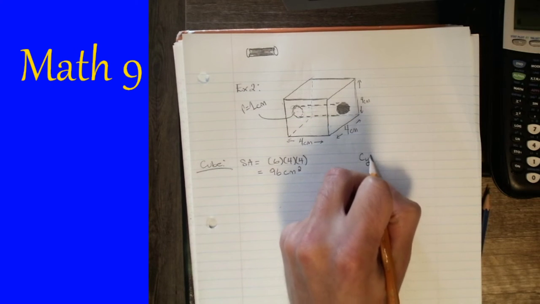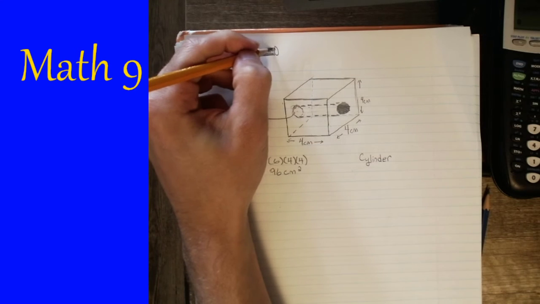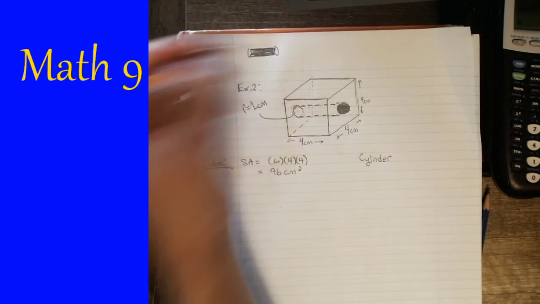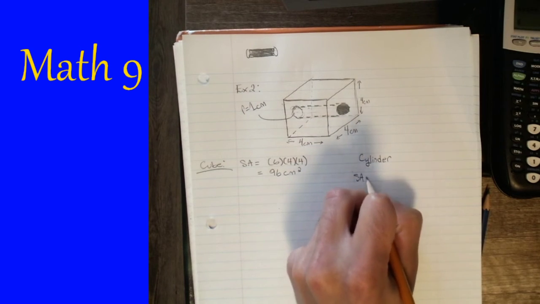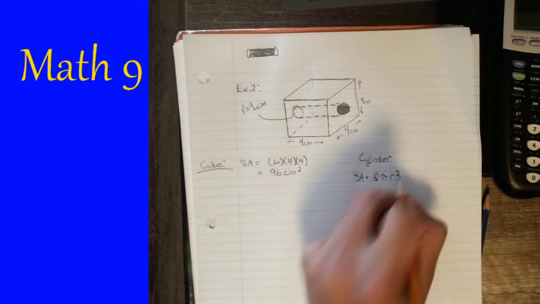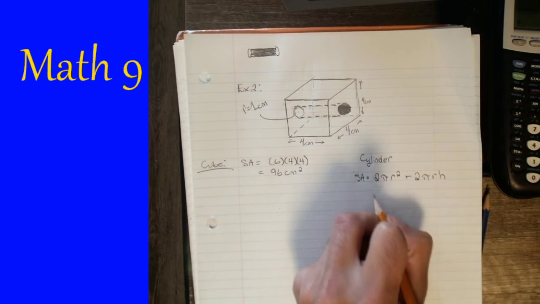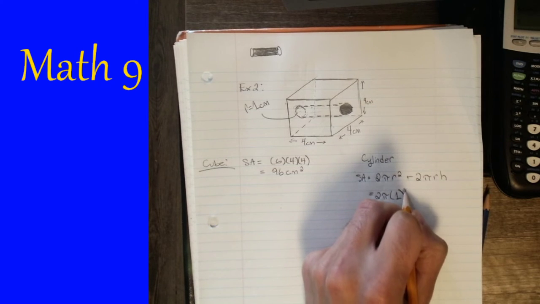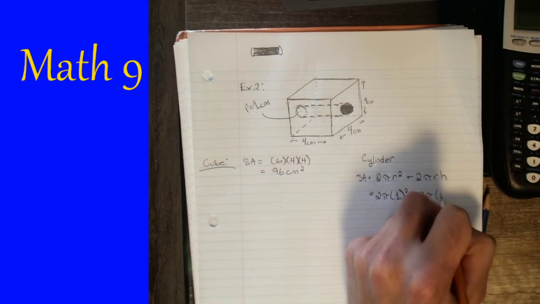Next we'll do the cylinder, and I'm going to just do the part that I know is added here. Or actually, let's do the whole formula and then we'll break it down from there. Okay, so the whole area should be 2 pi r squared plus 2 pi rh. So 2 pi times 1 squared plus 2 pi times 1.